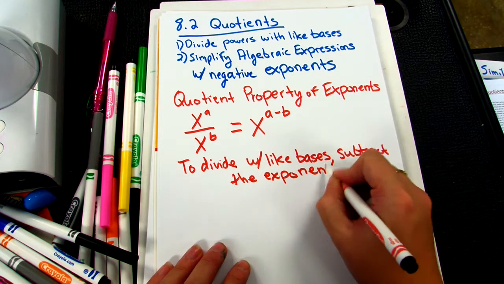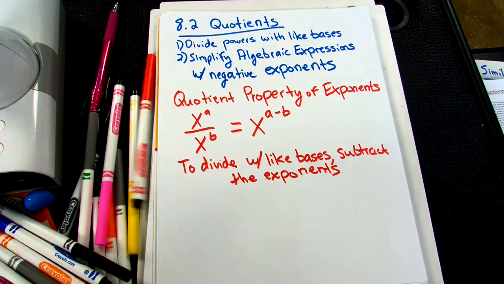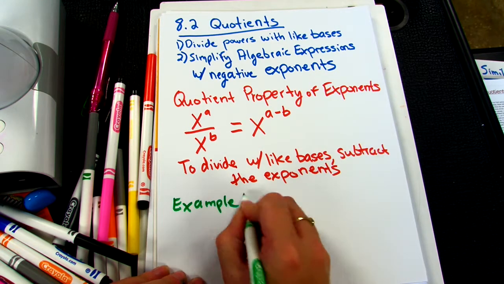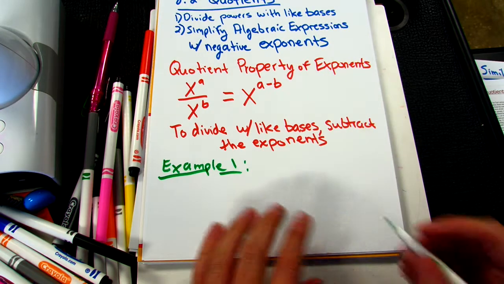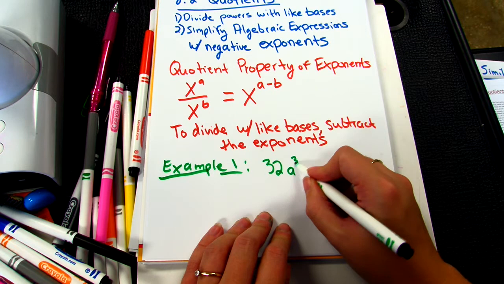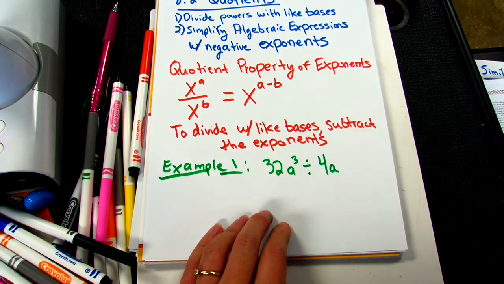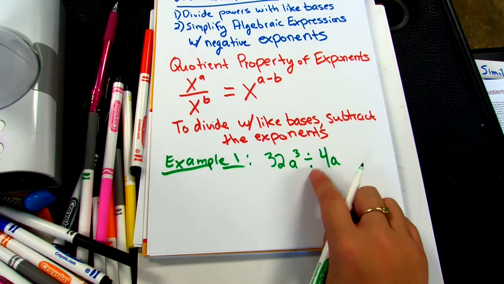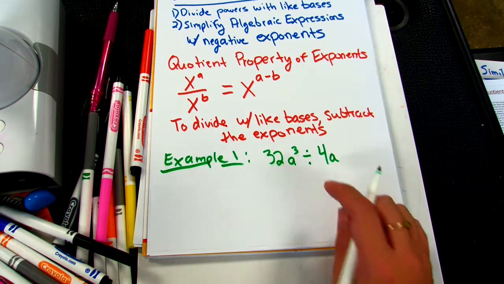Let's look at an example. Example 1. We're going to look at 32a to the third divided by 4a. Okay, so the division operation, remember we can rewrite that as a fraction.